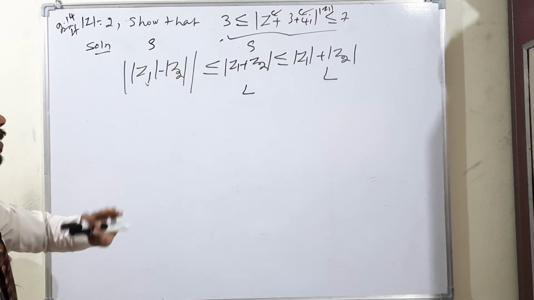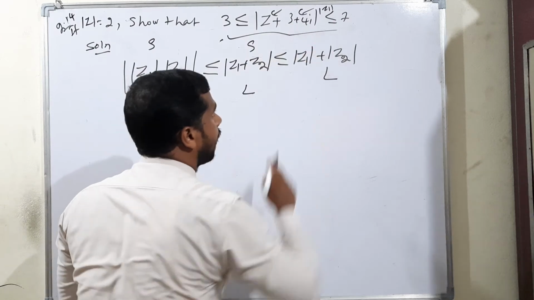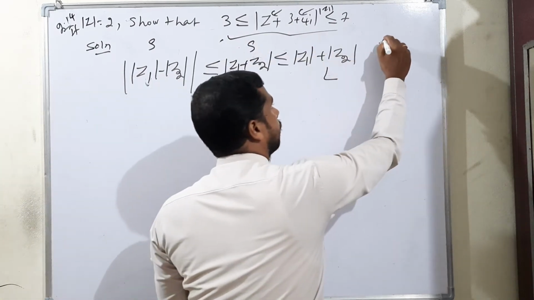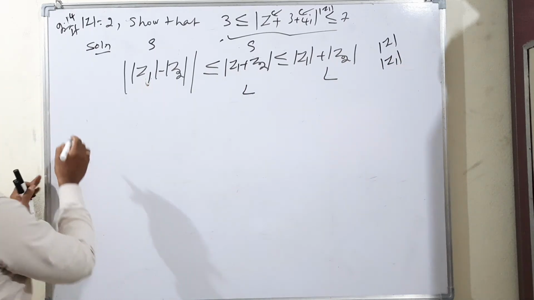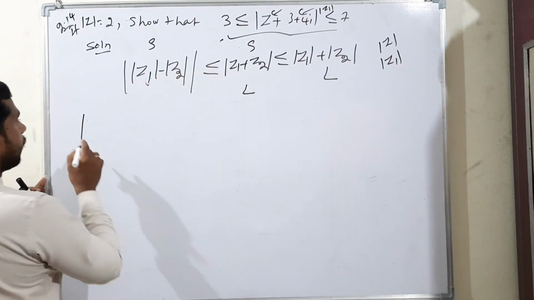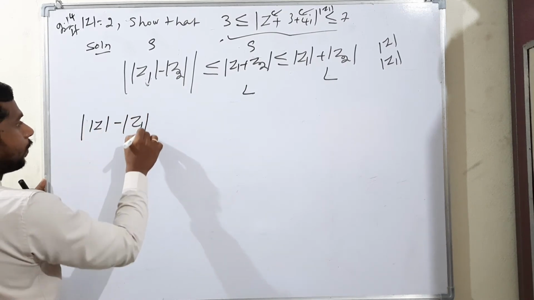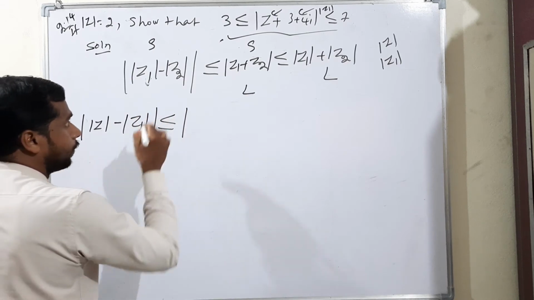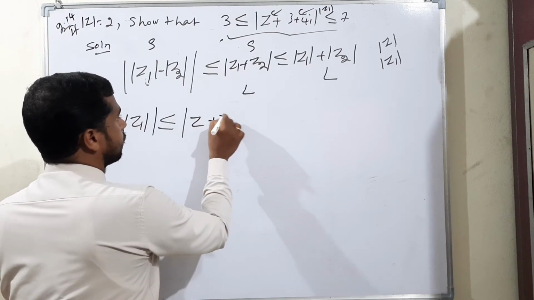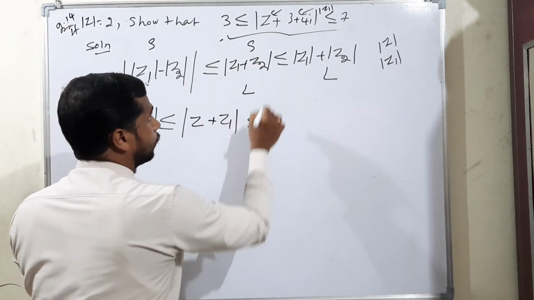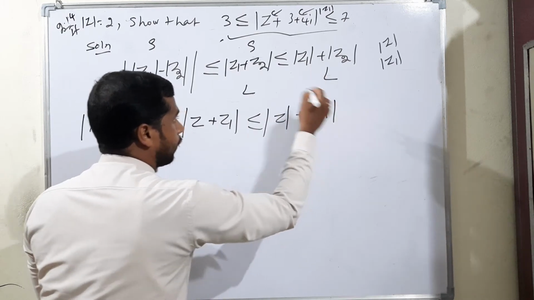That is the difference. Okay, I will consider modulus of Z plus one term is there. For modulus Z I consider it as it is, and the second term I consider as modulus of Z1. What will happen? Modulus of Z1 means modulus of Z. Then minus modulus of Z2, which I consider as modulus of Z1, is less than or equal to modulus of Z plus Z1, which is less than or equal to modulus of Z plus modulus of Z1.